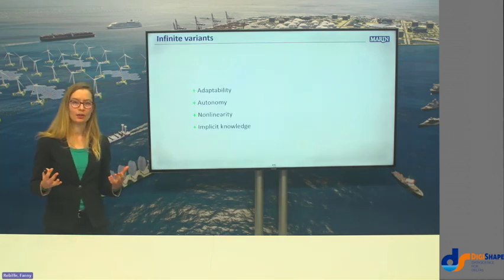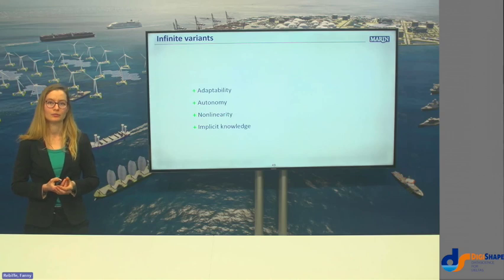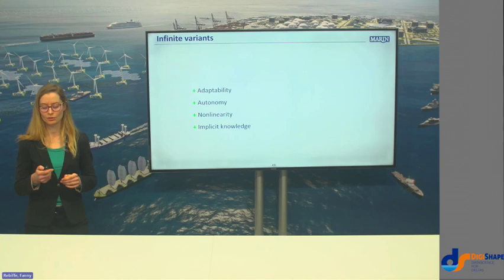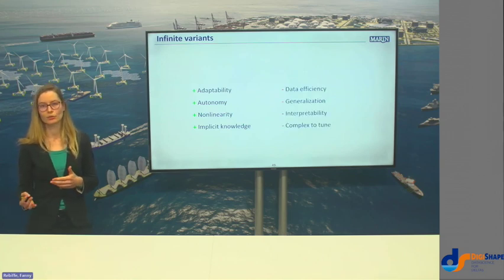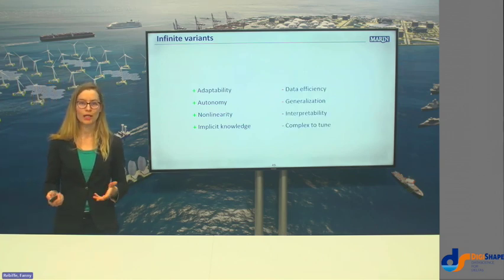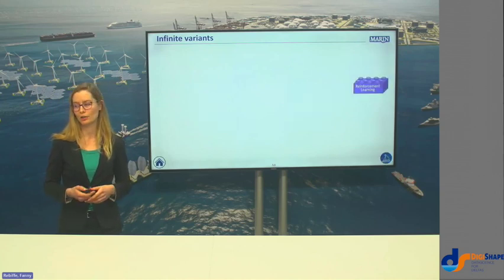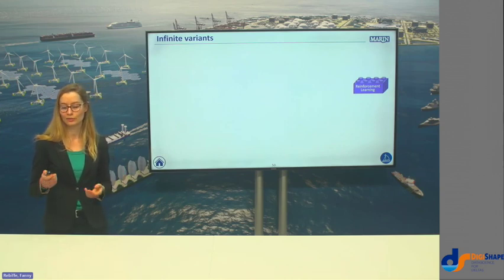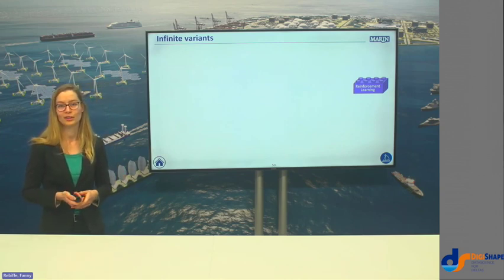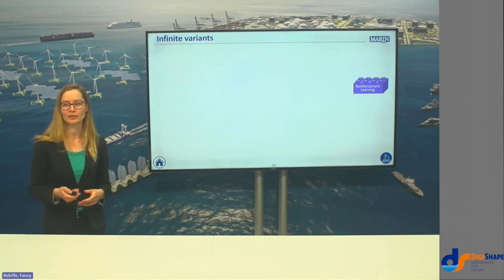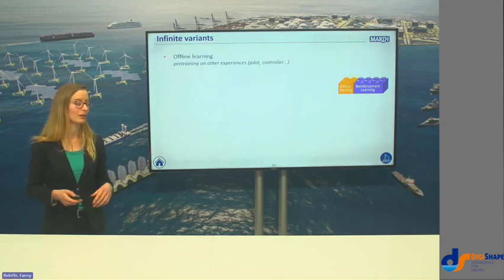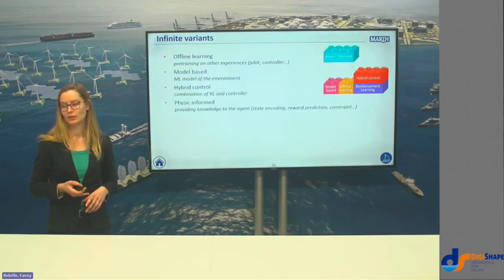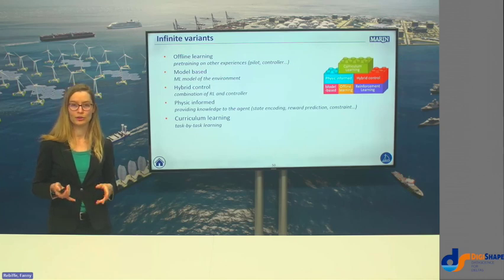So I presented the main idea of what reinforcement learning is and its advantages, but it also has some drawbacks. Those drawbacks can be addressed with other variants of reinforcement learning. We can see reinforcement learning as a Lego on which you can plug other Lego blocks to do more complex tasks. Examples are offline learning, model-based, hybrid control, physics-informed, curriculum learning.